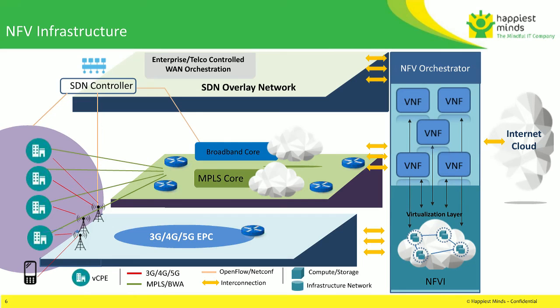For example, you have the firewall, so he can opt in for firewall, and he can opt in for other VNFs, like deep packet inspection, or a load balancer. So by opting in and opting out of these kinds of services, he can generate differentiated services, which will add to additional revenue streams.